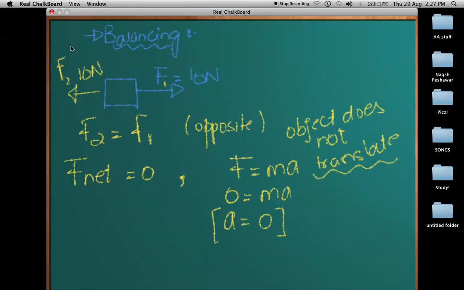This is the first condition of equilibrium, and the first condition says that net force should be 0.